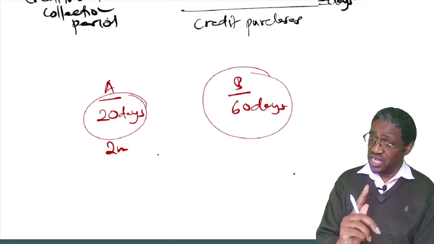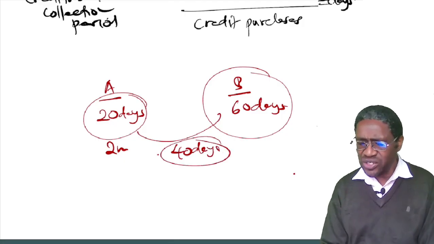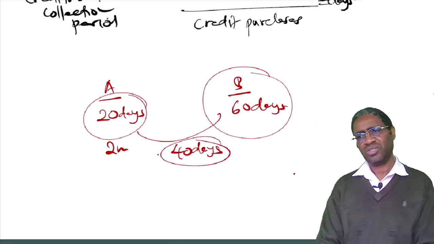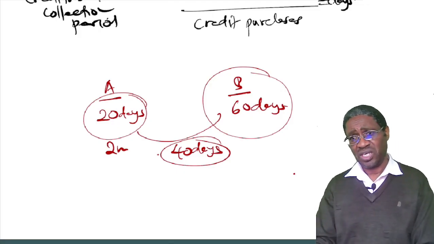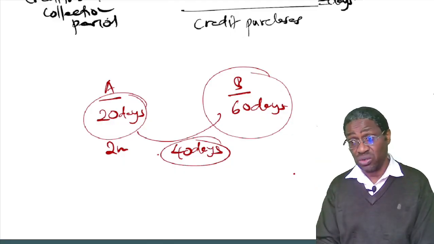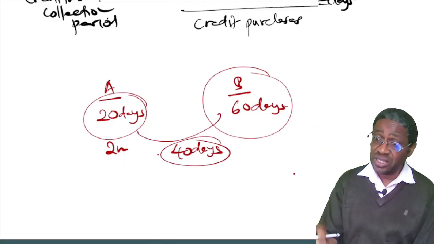You, company B, have another 40 days to utilize your 2 million elsewhere to generate profit before the payment date comes.